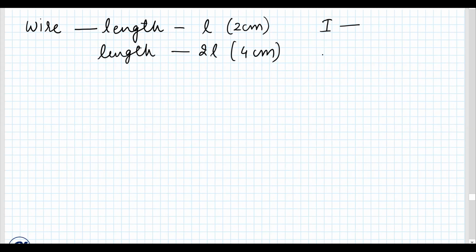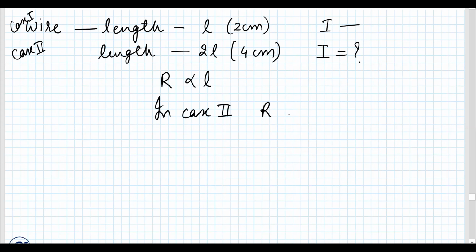Now what will be the change in current that we have to find out? We know that resistance is directly proportional to length. So in case 2, resistance is double of case 1.